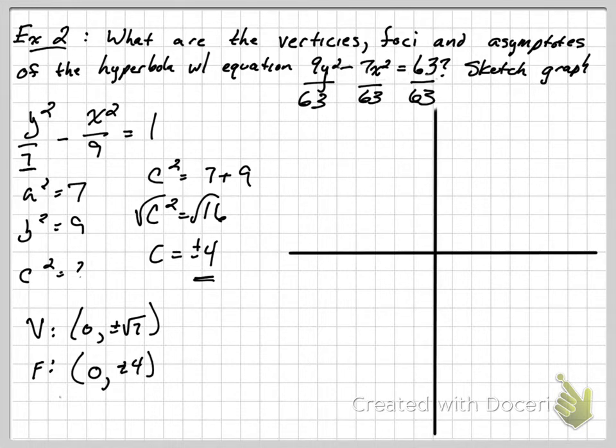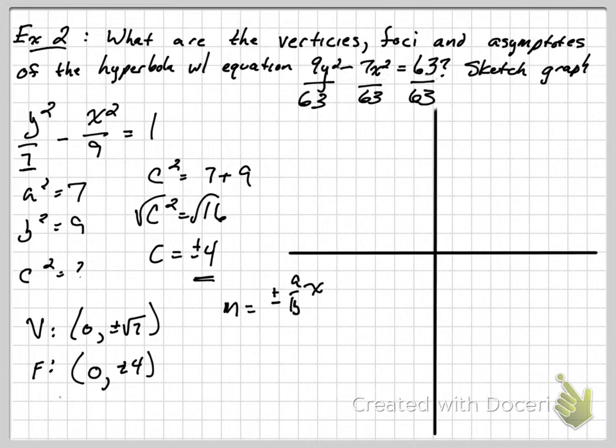Now to find the slopes of your asymptotes, you want to go back to the original thing that we copied down before example 1. Because y is first, it's plus or minus a over b times x.